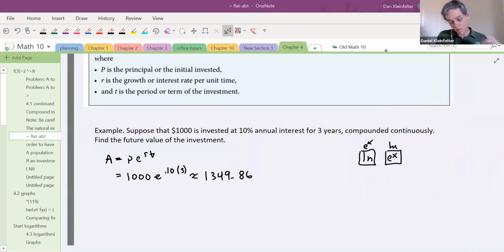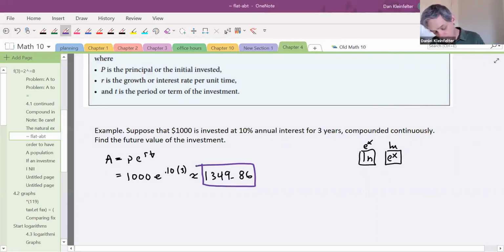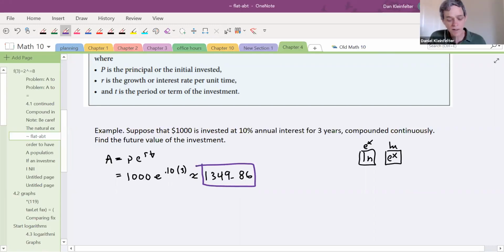All right, so that worked out to be $1,349.86 using continuous compounding.